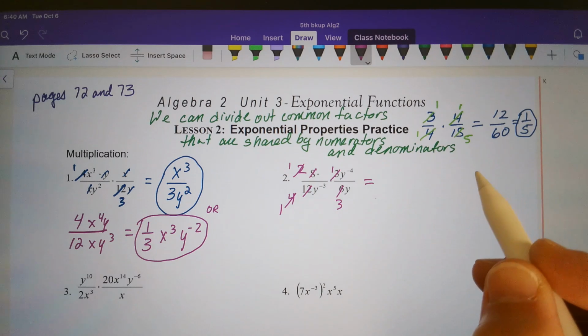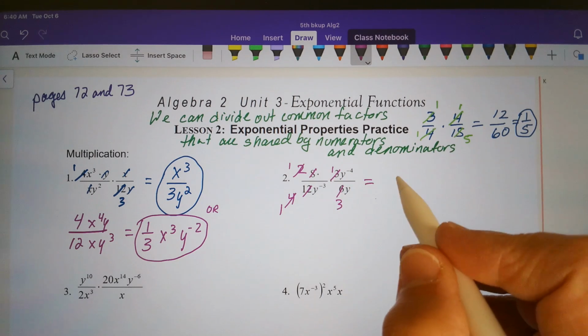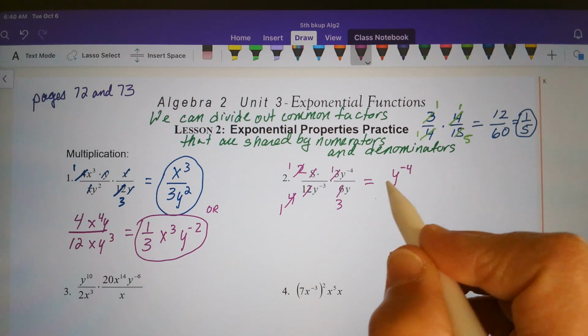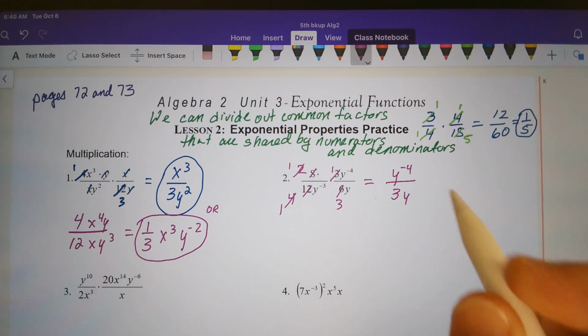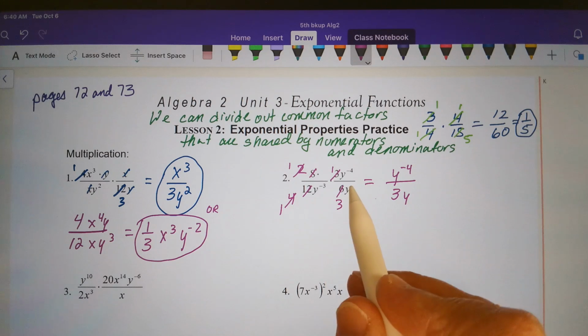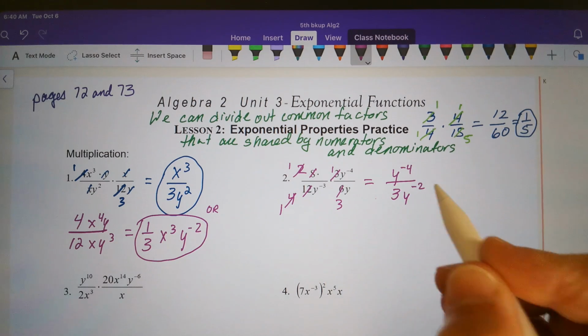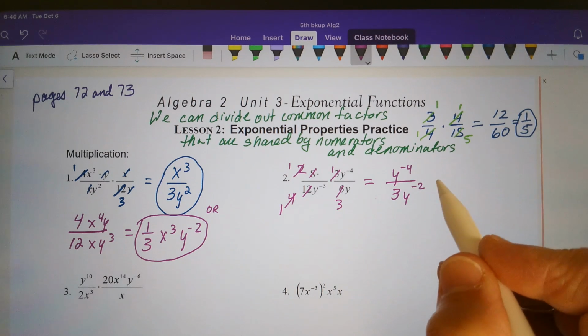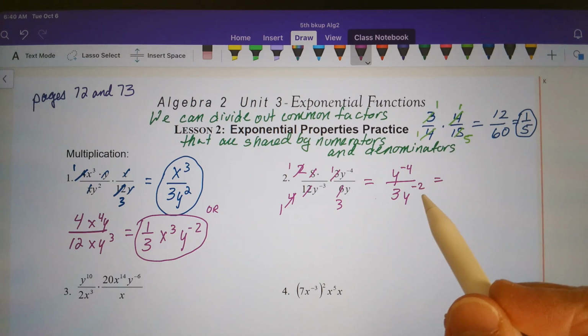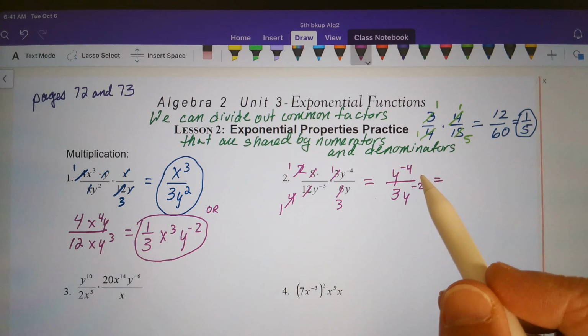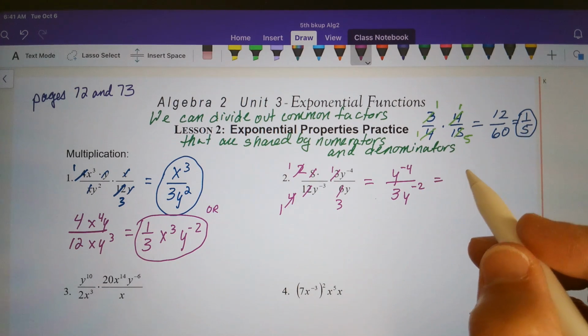And now let's suppose I multiply across. I have y to the -4 over 3y to the -3 plus 1 is going to be -2. And now we're subtracting our exponents. -4 minus -2 is going to be -4 plus 2, which is -2.